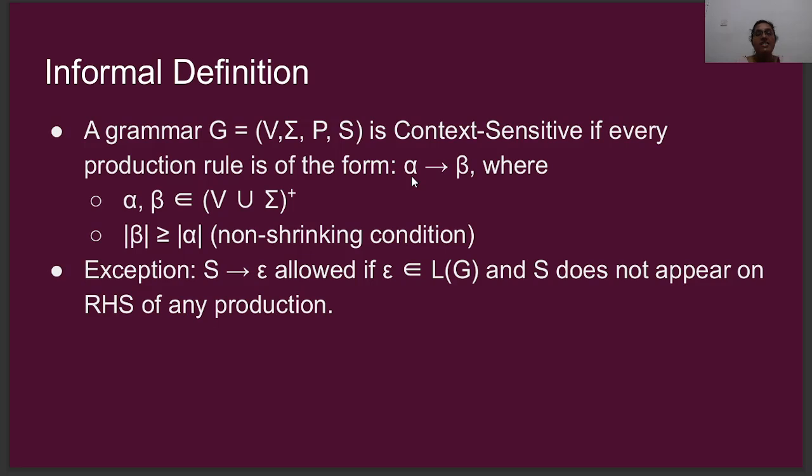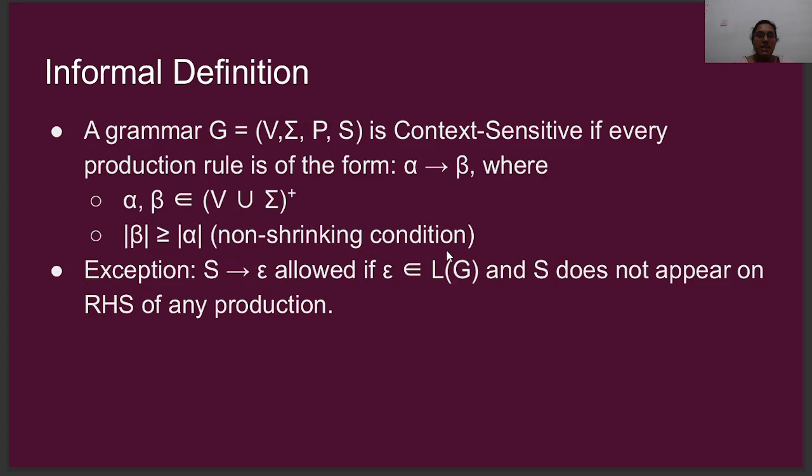So far we had seen that on the left-hand side, the alpha part, there was only one non-terminal. But now, combination of terminals and non-terminals are possible both on the left-hand side as well as on the right-hand side. So alpha and beta, but with one restriction that the right-hand side must have at least the number of elements on the left-hand side or more. So that is called the non-shrinking condition.